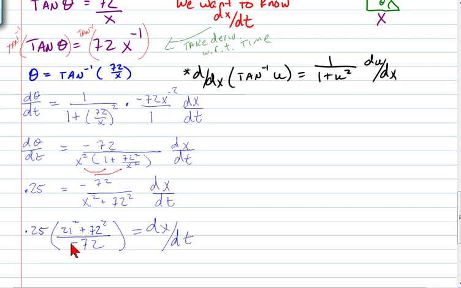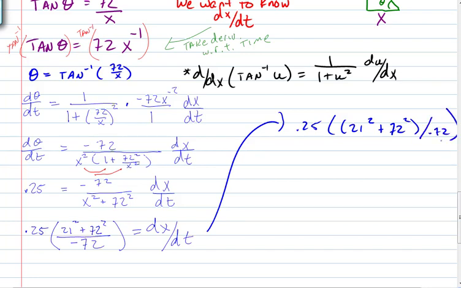This is why God gave us calculators. What's your parentheses? I don't know what this is. So it's 0.25 times, open parentheses, 21 squared plus 72 squared, close the parentheses, divided by negative 72.